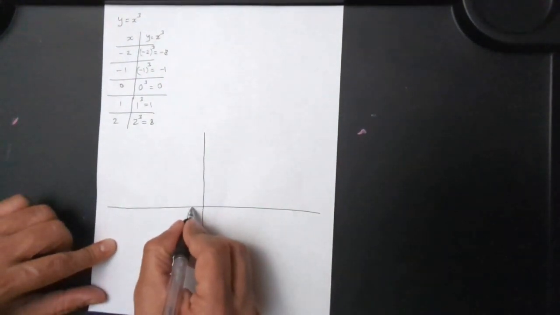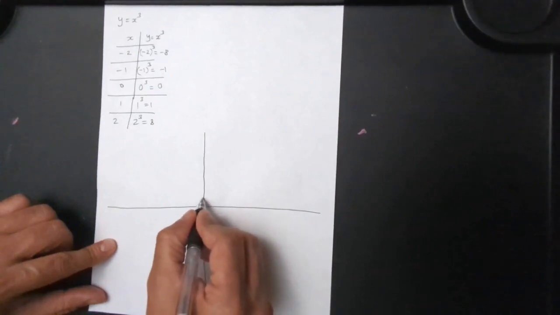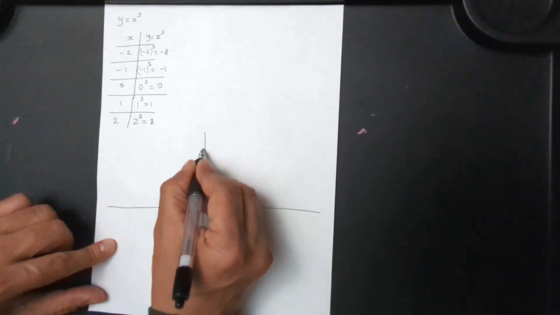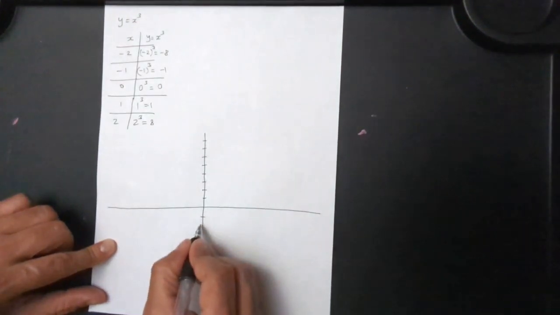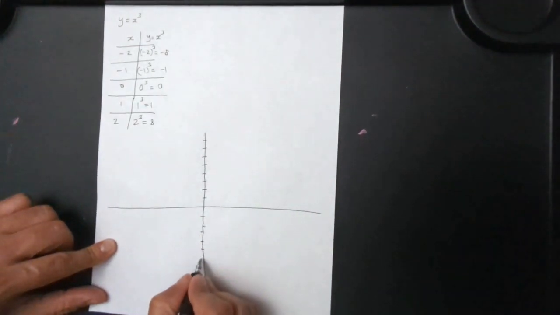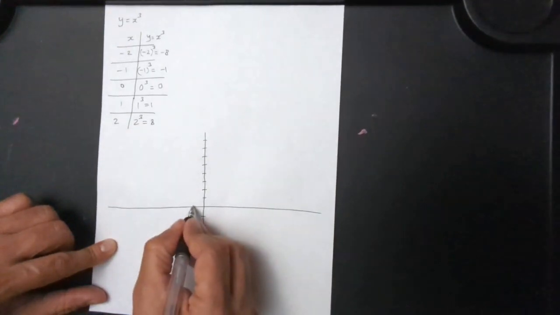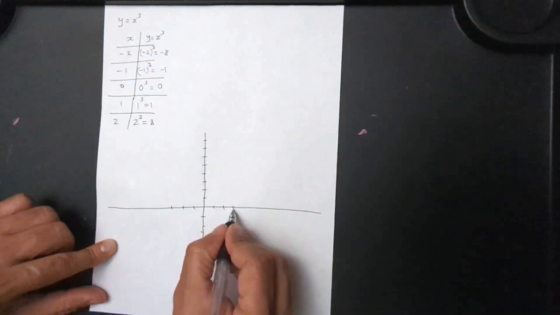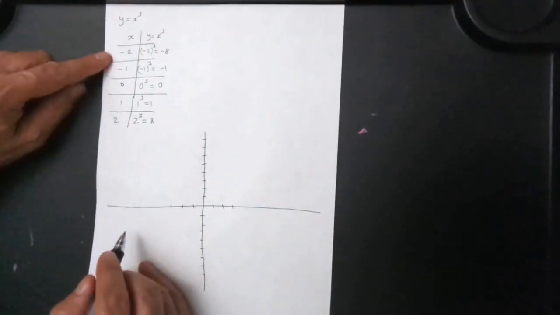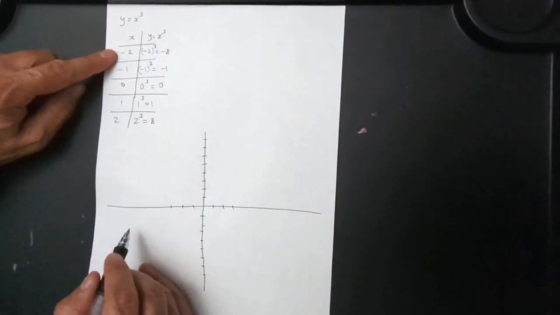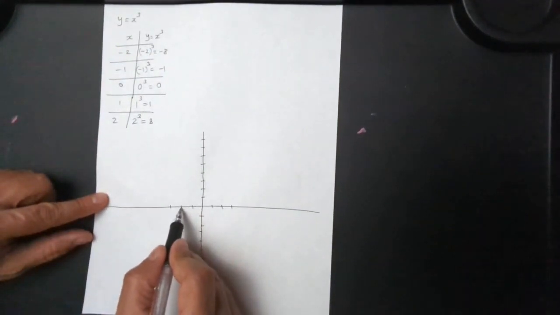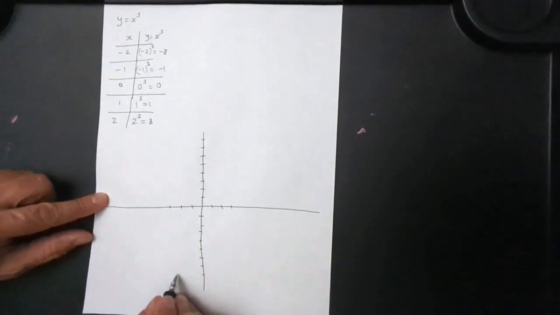So x equals -2, y equals -8. So where is that point? -2 and -8, we are around here.